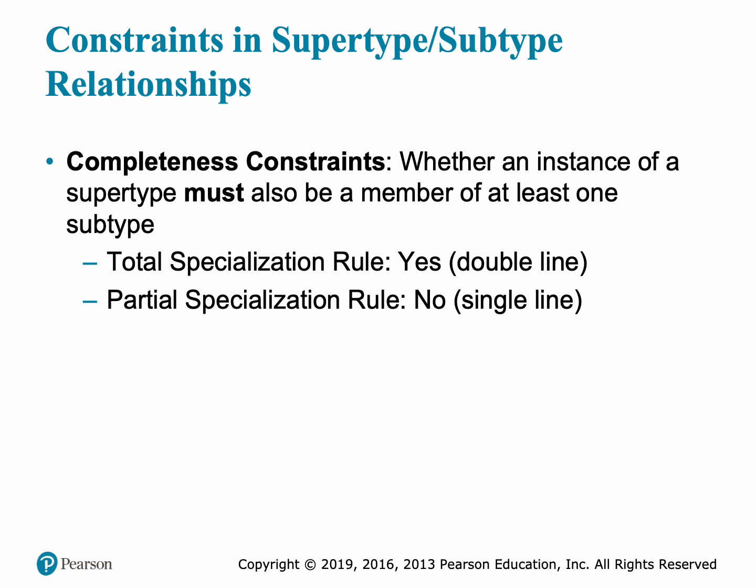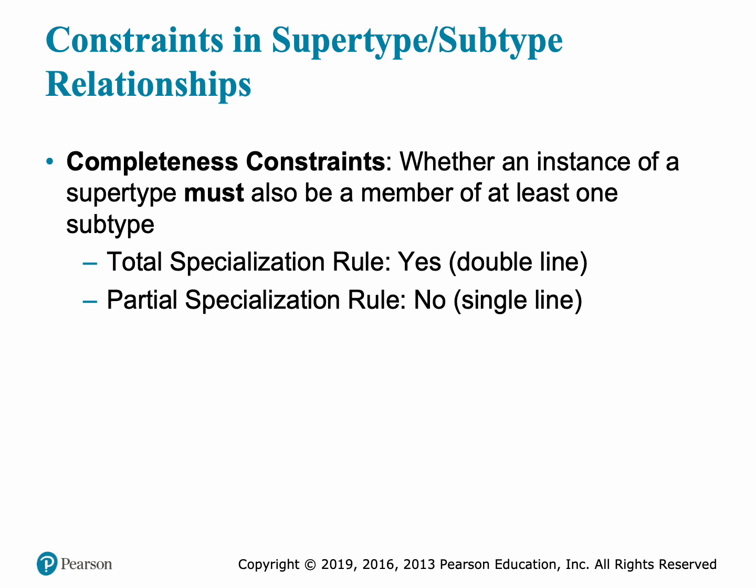The disjoint constraint ensures that an instance of the supertype can belong to at most one subtype. This constraint is essential when the subtypes are mutually exclusive categories. In a healthcare database, consider a supertype employee with subtypes doctor, nurse, and administrator. The disjointness constraint ensures that an employee cannot be both a doctor and a nurse, or a nurse and an administrator.